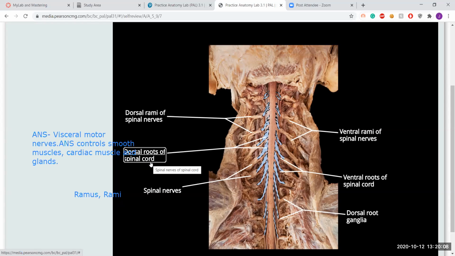They contain cell bodies of somatic sensory neurons. And then you see the spinal nerves after the dorsal root ganglia. These spinal nerves divide and form the ramus.